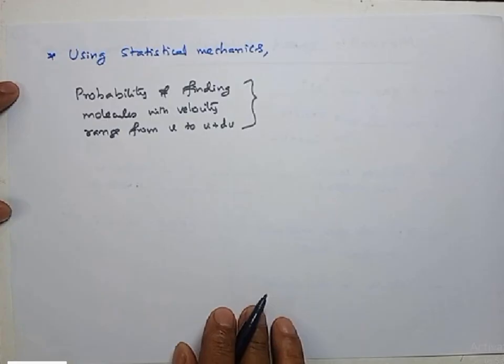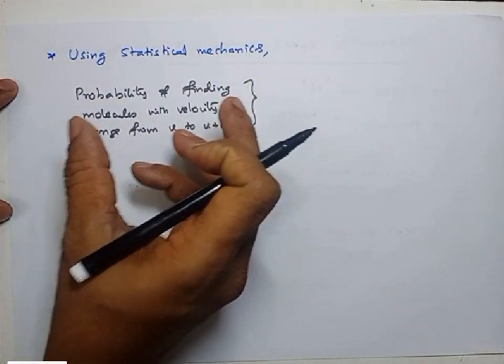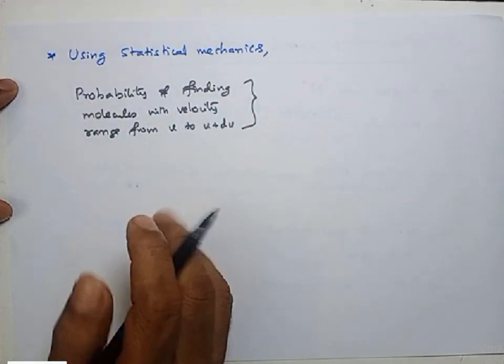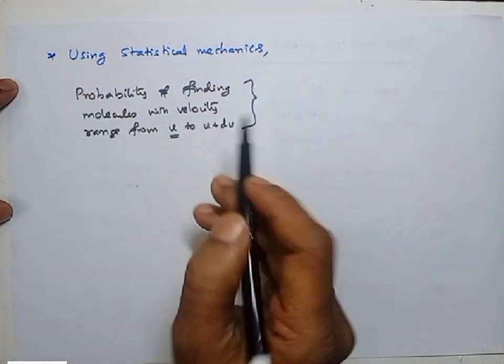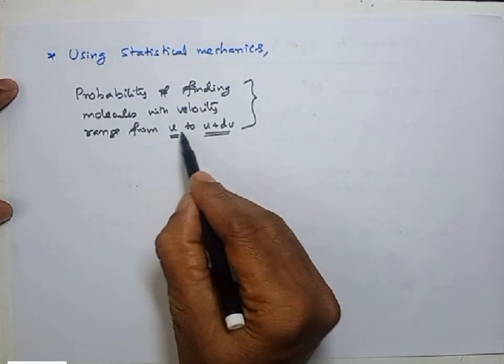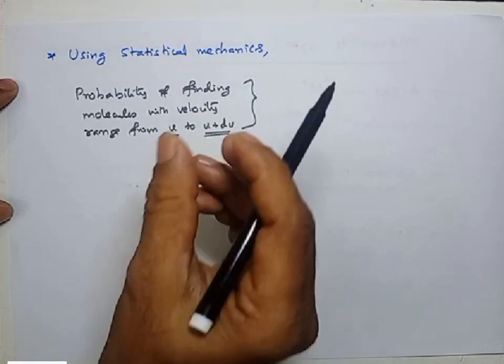Observe carefully. This is actually the technical term that we use. What is the probability of finding a molecule in the velocity range u and u plus du, where du should be very, very small?